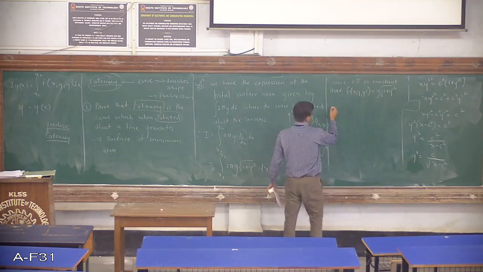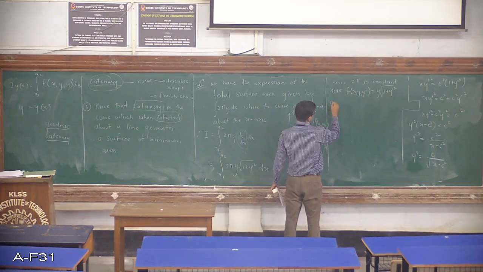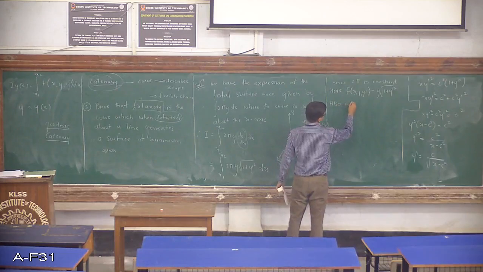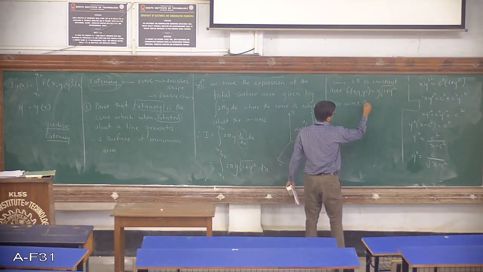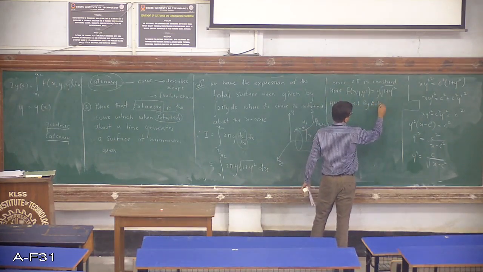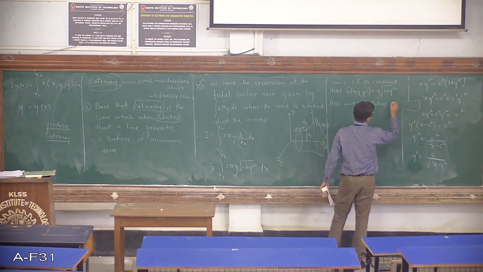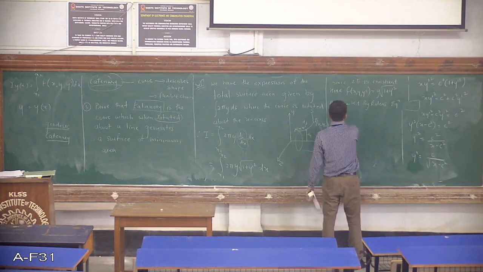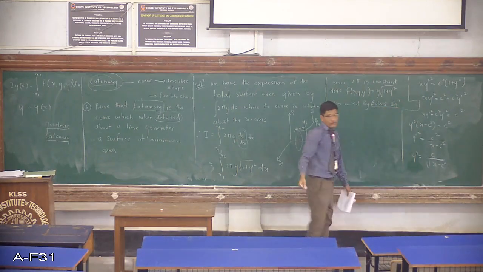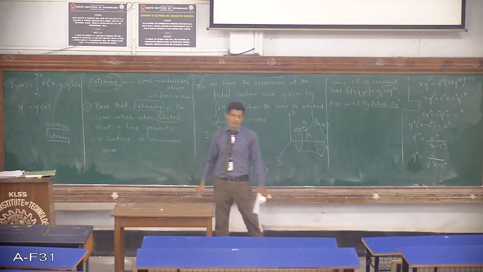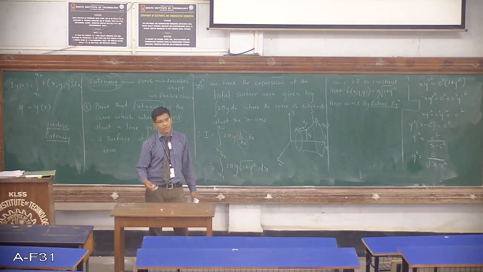And for convenience, we know that by Euler's equation, that is my equation 3. This equation I am taking for my convenience. I have given 4 forms of Euler's equation.